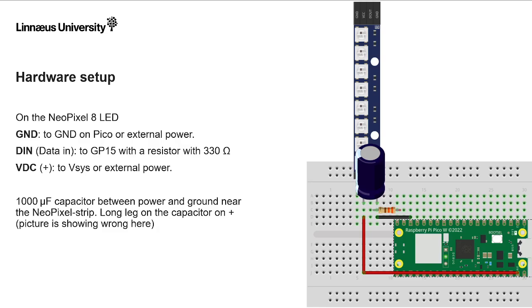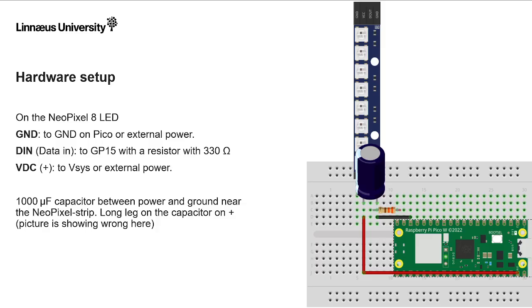And I use a capacitor between the power and the ground, and in this case it's turned the wrong way, because the long leg should be against this red one and the short leg should be against the ground. Also we use a resistor between the data line and the pin. In this case I will use pin 15 to control this one.